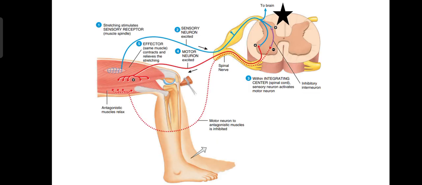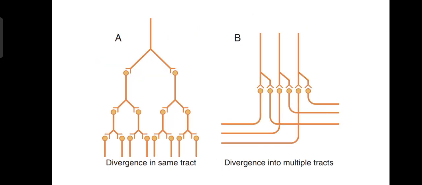You may notice here that the sensory neuron does not only branch for the main action and the reciprocal inhibition, but also gives another branch to go to the brain. This type of circuit we call divergence. So this is also an example of divergent circuits.